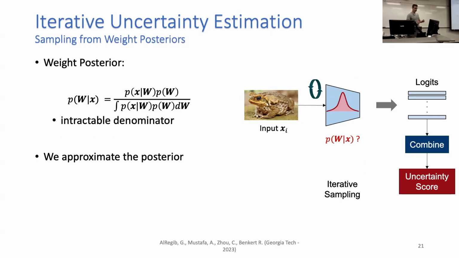Cool. Okay. So the next one I want to talk about, and ensembles also to some extent can be put into this framework, is called Bayesian inference. The idea is that you estimate a weight posterior.